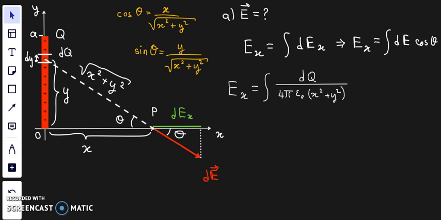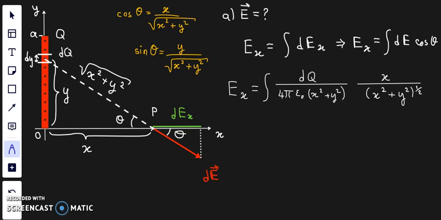What I have here is dE, so dq divided by 4 pi epsilon 0 times x squared plus y squared. Why is that x squared plus y squared? Because remember, we need to divide by the square of the distance between dq and the point of interest P. So that's exactly what I'm doing here. And I need to multiply this by cosine theta, which is x divided by the square root of x squared plus y squared.